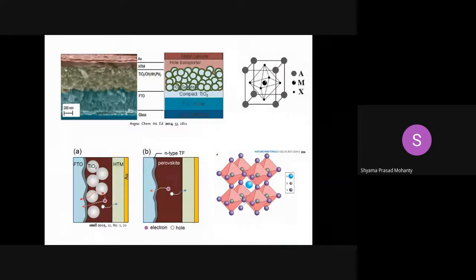These cells are similar to dye-sensitized solar cells in their earlier versions, but now they have changed. You skip the mesoporous TiO2 structure. You have the fluorine-doped tin oxide glass, over that perovskite is coated, then you have a hole transport layer, and then you can have gold as the contact, and you can achieve high efficiency with these solar cells.